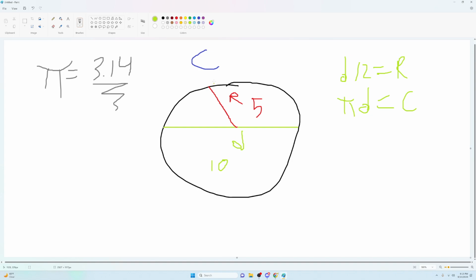You do 10 times 3.14, and that's like 31.4, I think. I'm not sure, but I'm pretty sure it's 31.4. So the circumference is 31.4. So that's the circumference.